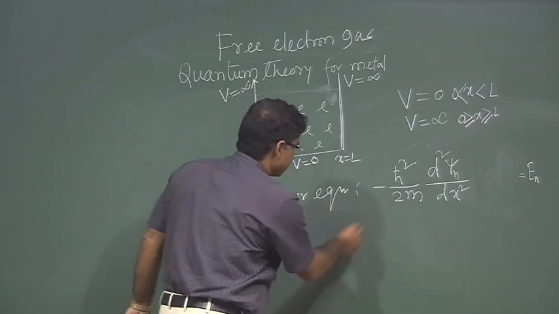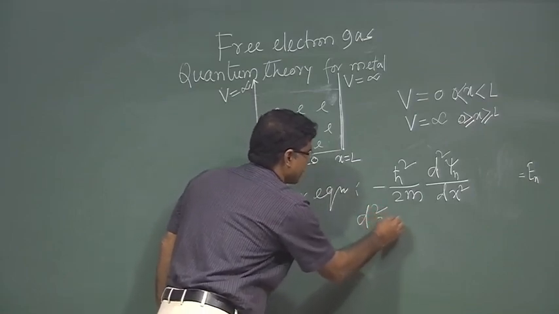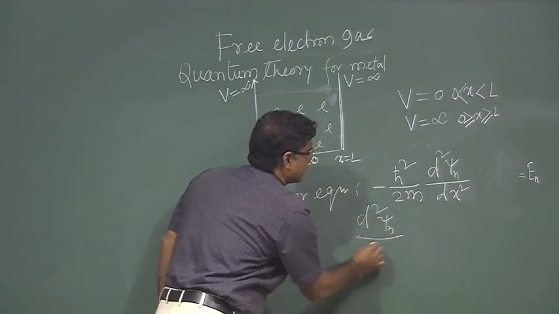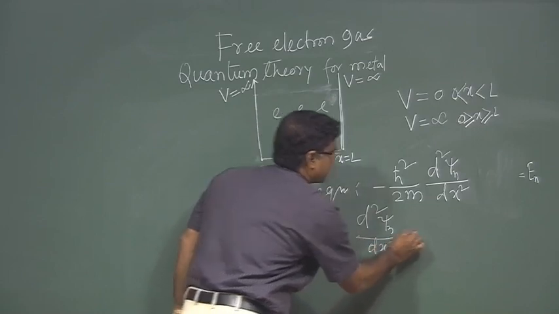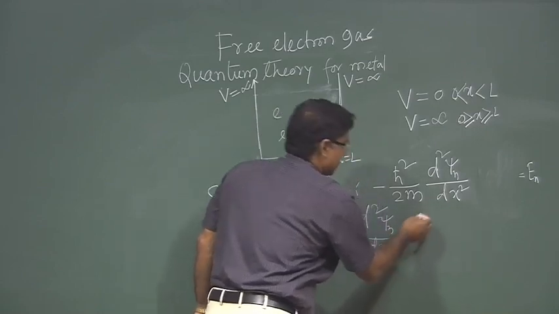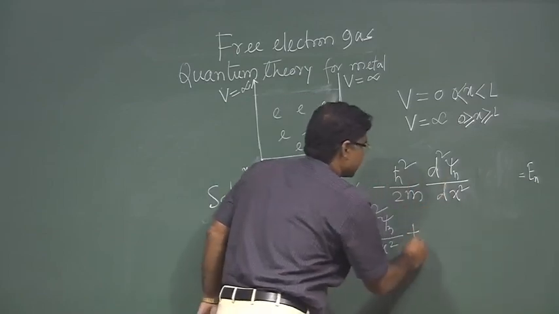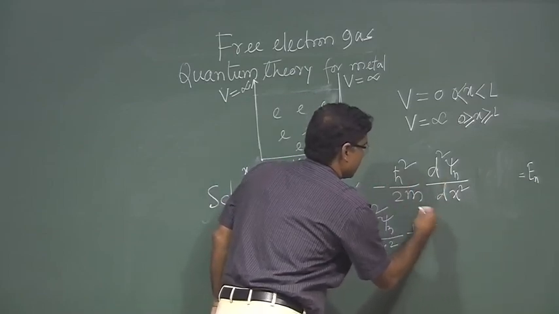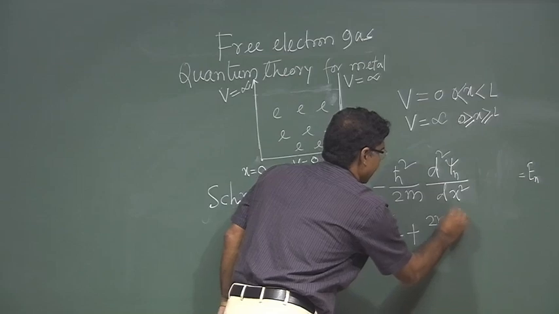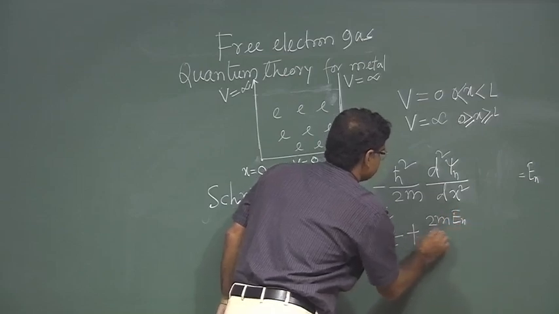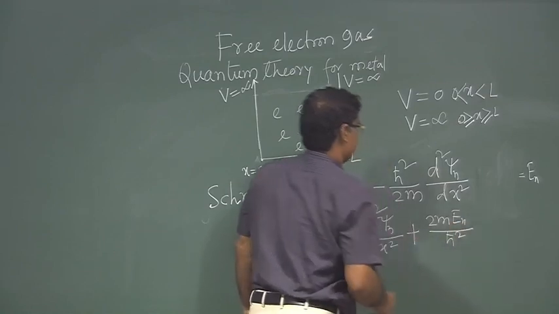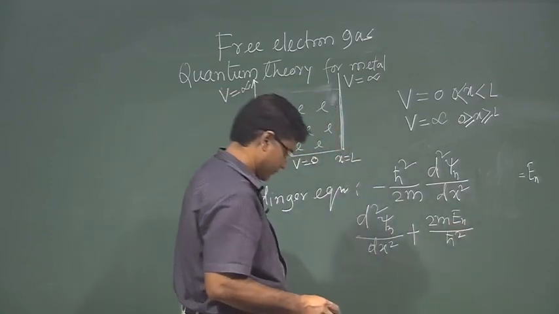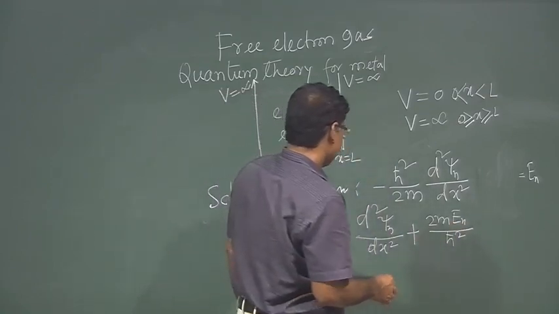Then your equation becomes d2 psi n by dx square equals minus 2 m E divided by h cross square.